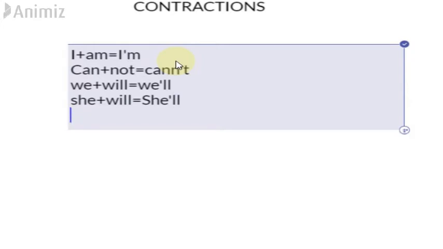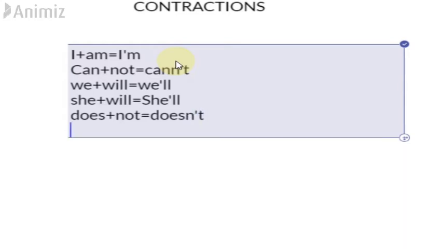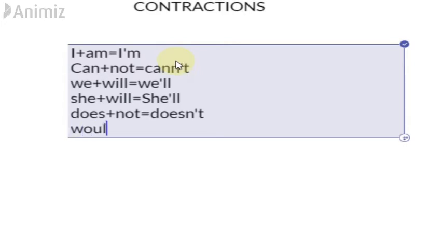For example, does plus not becomes doesn't. Would plus not is equal to wouldn't.